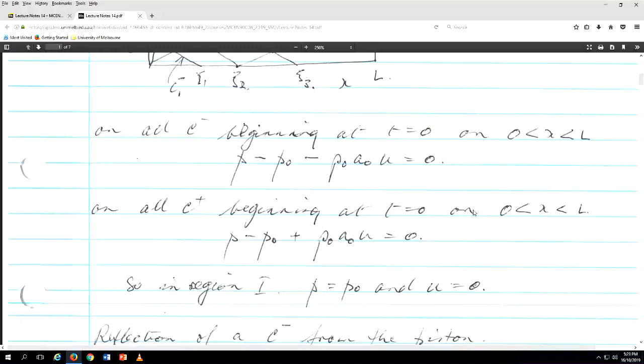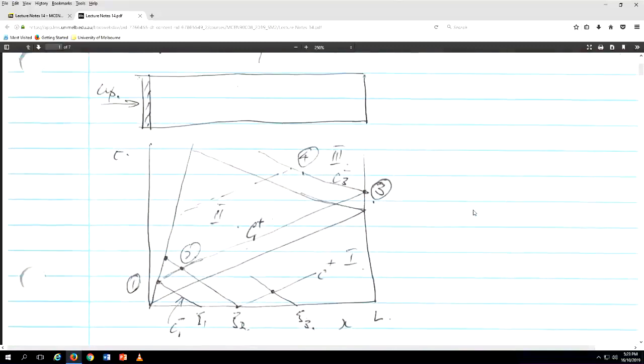On the x-axis there, you've got some scribble 1, 2, 3. Psi 1, psi 2, psi 3, they're just the values of x that intercept the characteristic. So the C minus characteristic would be, for example, psi minus A naught t. Because if I integrate dx dt equal to minus A naught, I have to have a constant, right?